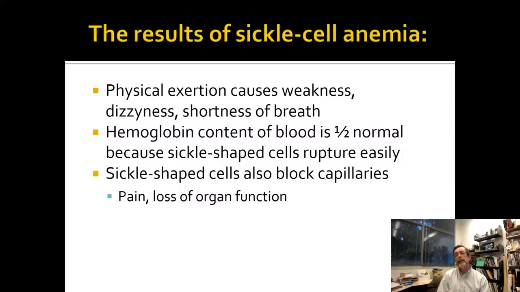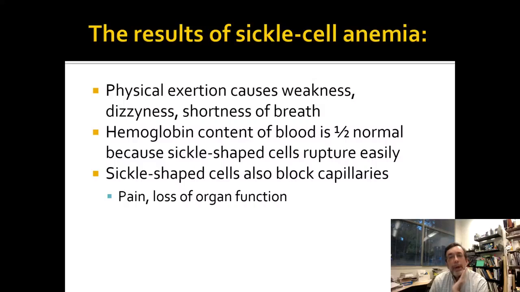So here are the anemia signs. Physical exertion brings weakness, dizziness, and shortness of breath. Hemoglobin content is half normal because the sickle-shaped cells rupture easily and they lose their hemoglobin. Also, the sickle-shaped cells are going to block capillaries, and this is where pain and even loss of organ function comes from. Think about it a little bit.